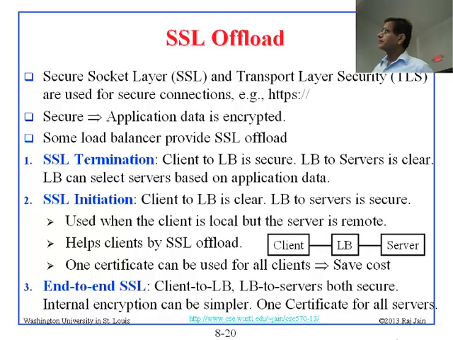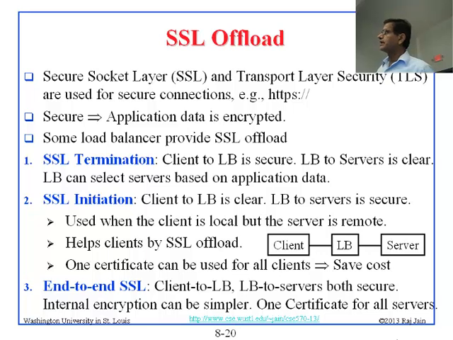So some load balancers provide SSL offload, and now the question is, where is the security? First, security could be only between the client and the load balancer, because that is the public internet, and there is no need for security between the load balancer and the server because that is a private network. But it is quite possible that you cannot do that.